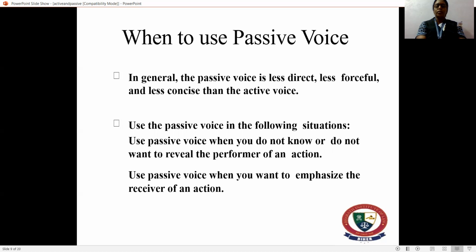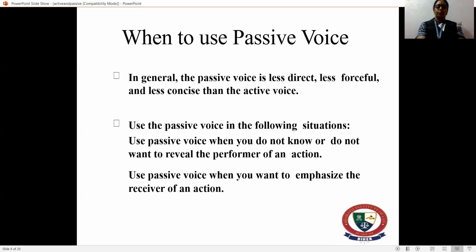Use passive voice when we do not know the performer of an action. In many cases, we might not know who is doing the action. In such cases, passive voice sentences are helpful. We can only use passive voice sentences when we do not know who is actually performing the action, who is the subject or what is the subject. That is case one.